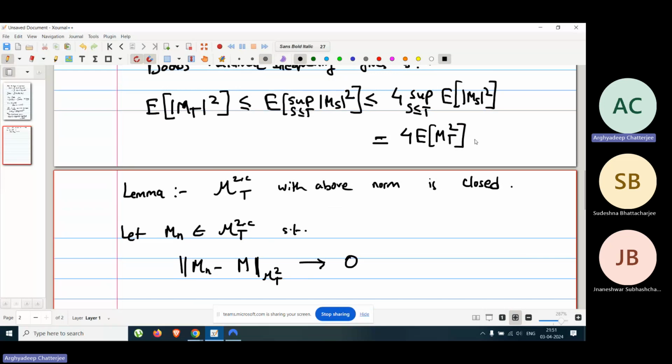L2 convergence gives us a subsequence in which almost sure convergence takes place.